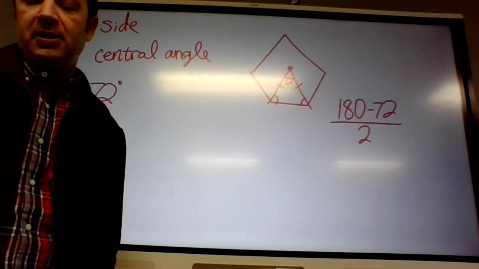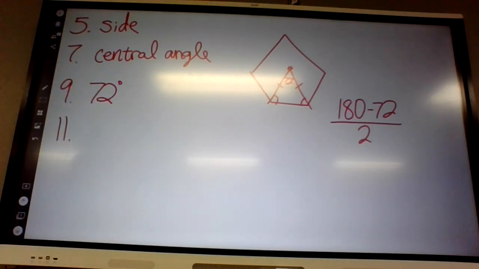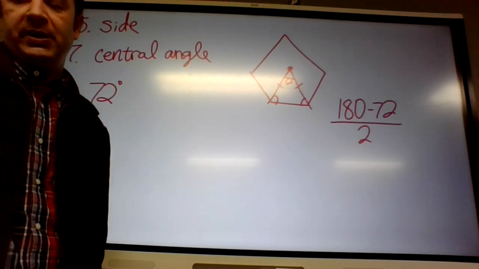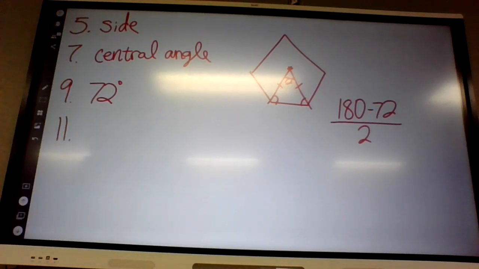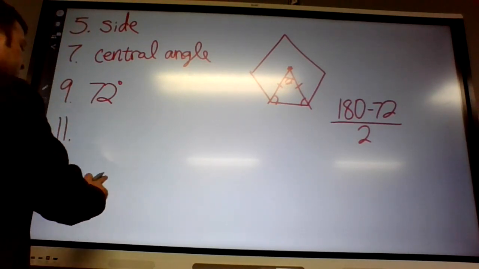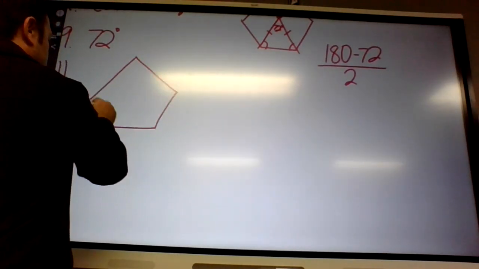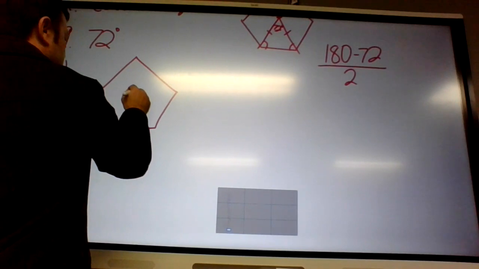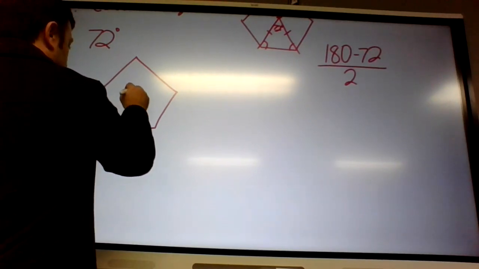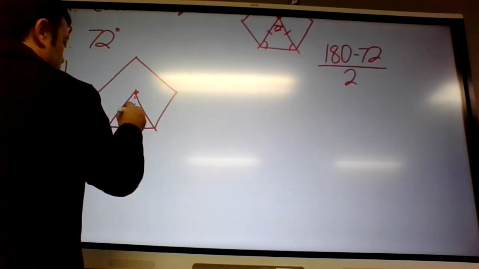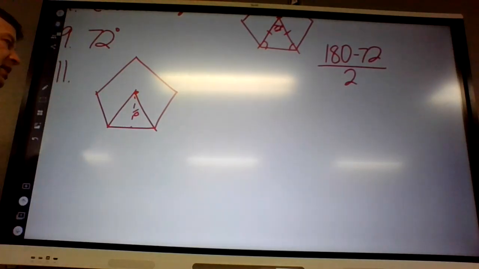Okay, number 11 says find the pentagon's area if CM is 10. What did I call the CM? The apothem.